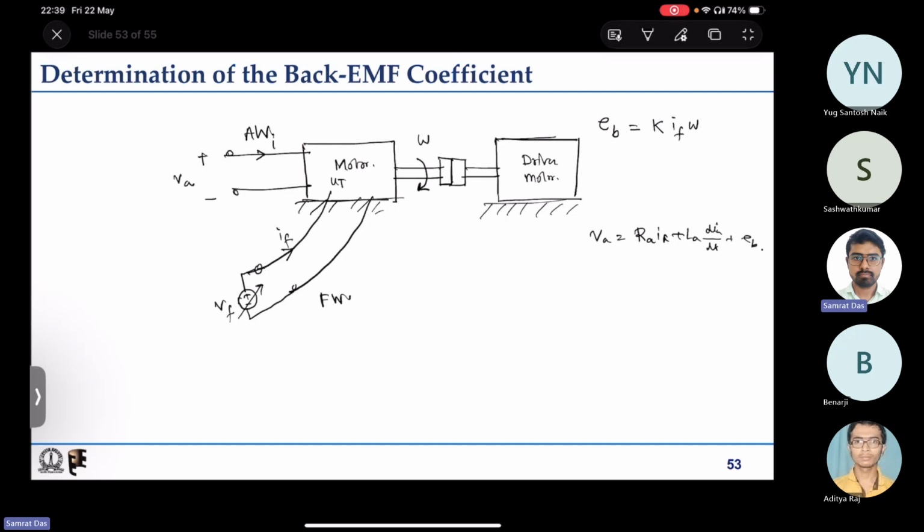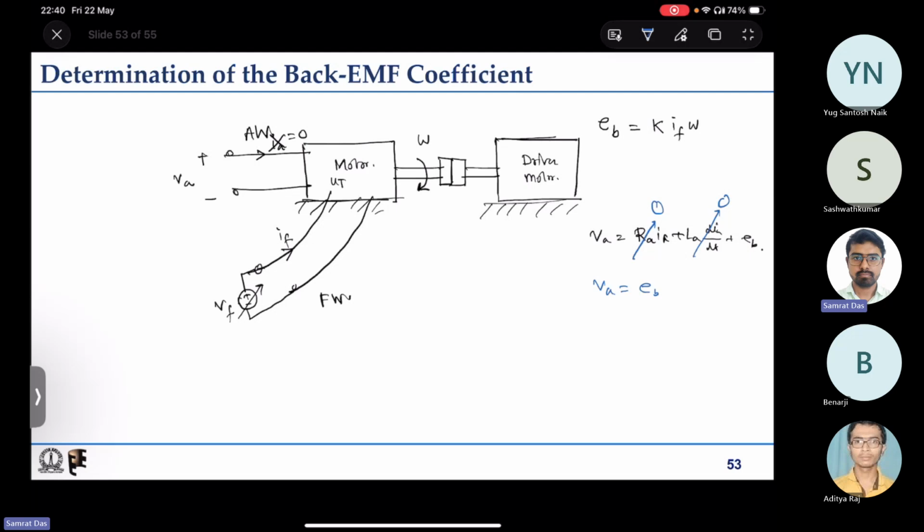So the current flowing through Ia is equal to 0, so this term goes to 0. Ia is constantly 0, so dIa/dt is also 0. So there is no resistive drop, there is no inductive drop. So whatever Va we are measuring, that is same as the induced EMF, right?